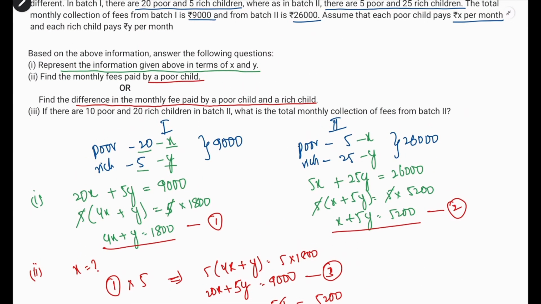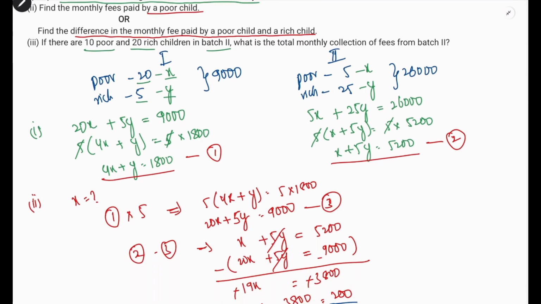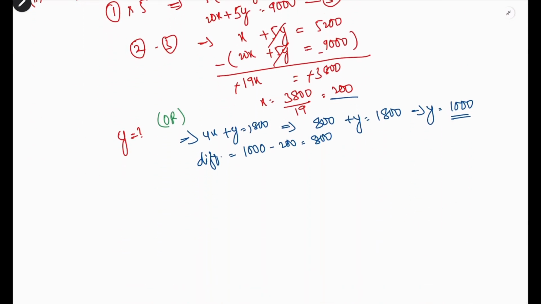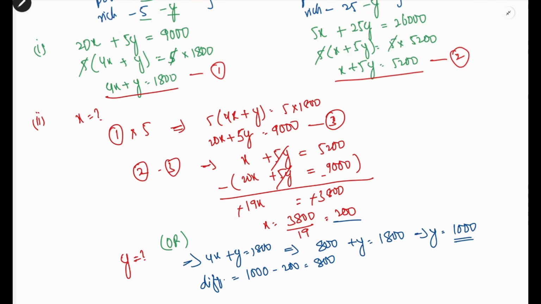What is the third question? If there are 10 poor children and 20 rich children in batch 2, what is the monthly collection of fees from batch 2?